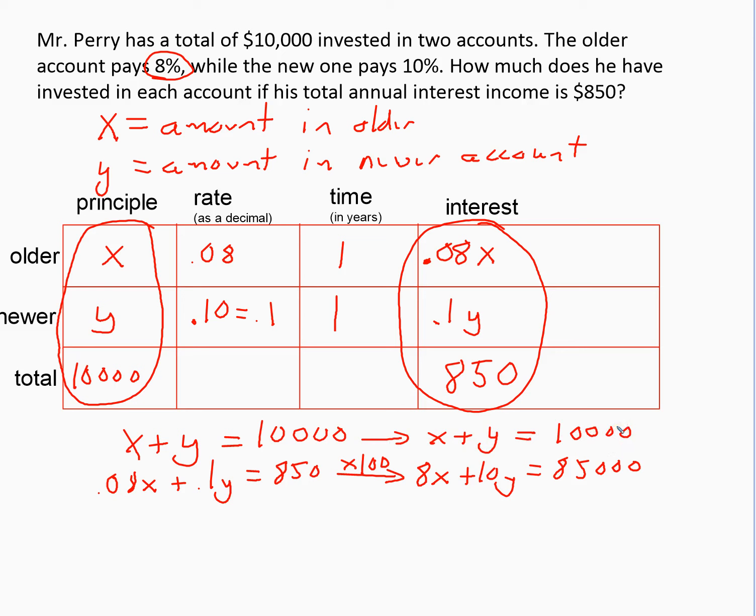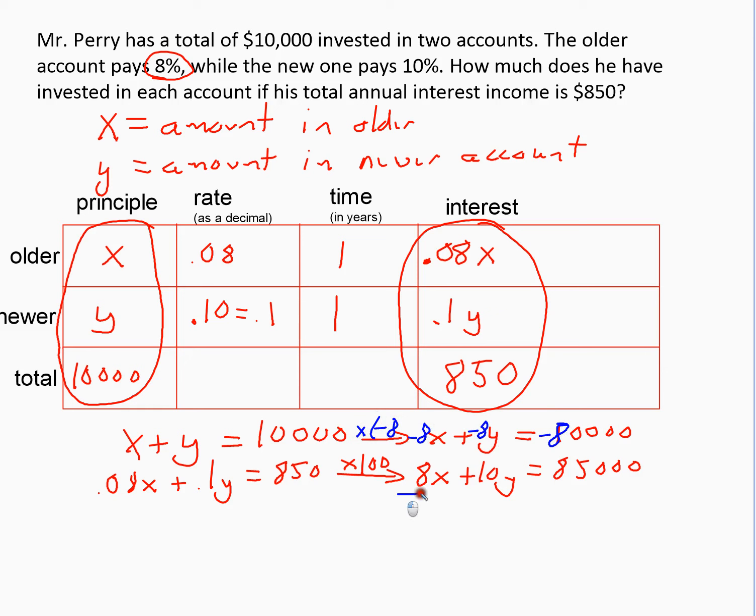And actually, let's not keep the other one the same. Let's go ahead and multiply this one. Now that we have this one, let's eliminate. We're going to eliminate the x's. So we would multiply this by a negative 8, which would make this negative 8x, negative 8y, and negative 8,000.